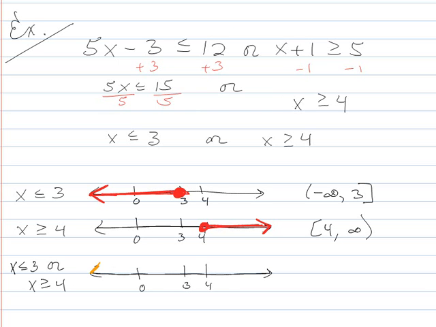So the top one's filled in from here all the way to 3. Nobody's filled in from 3 to 4, but then the second one is filled in from 4 and goes off to the right. So that means my solution is negative infinity to 3 union with 4 to infinity. Like that.